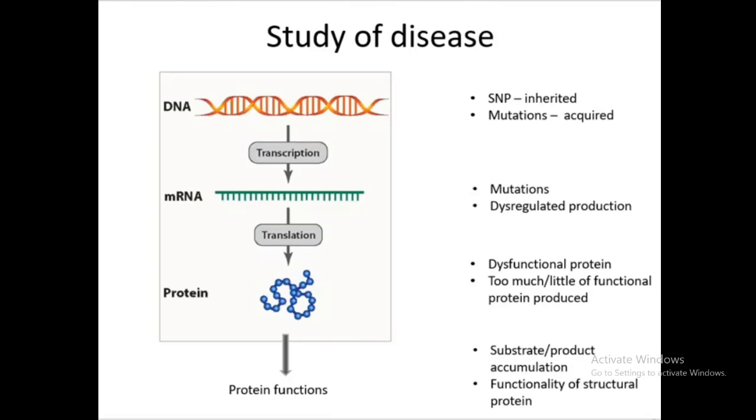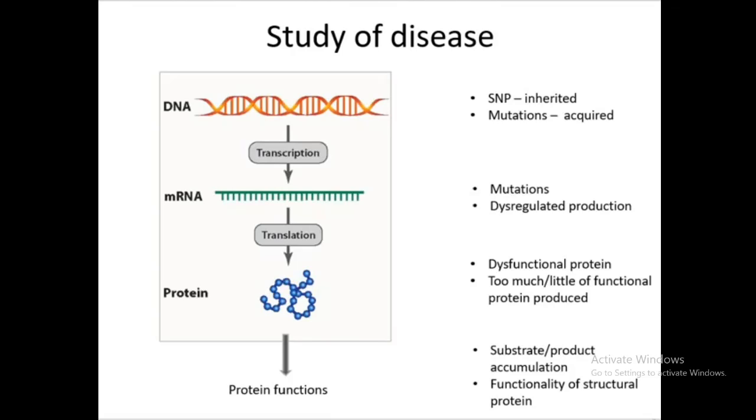And in terms of the protein function, you could measure the substrate or product that's involved in the function of the protein, or you could get an indication of the level of expression of the structural protein and its function.